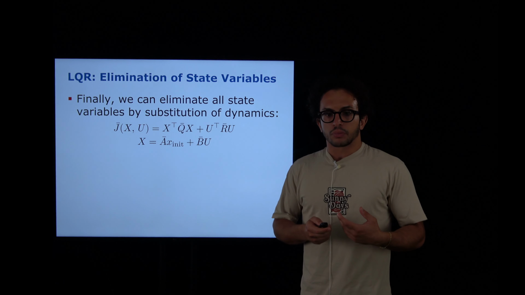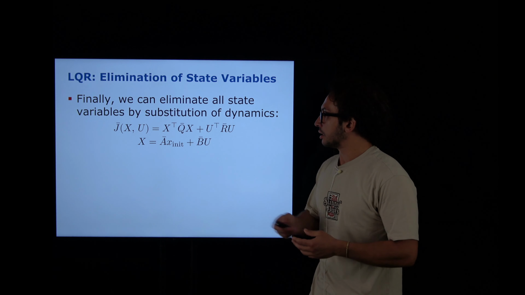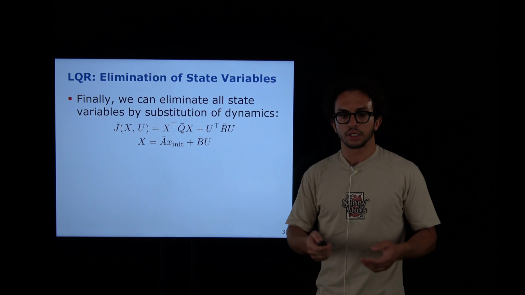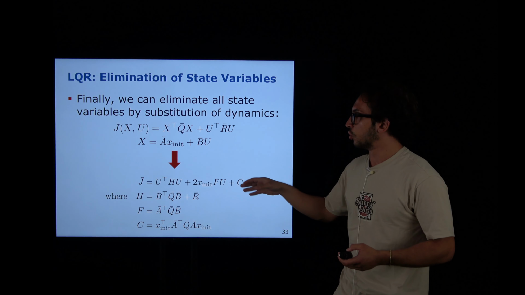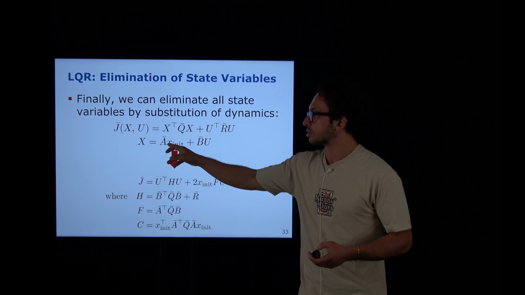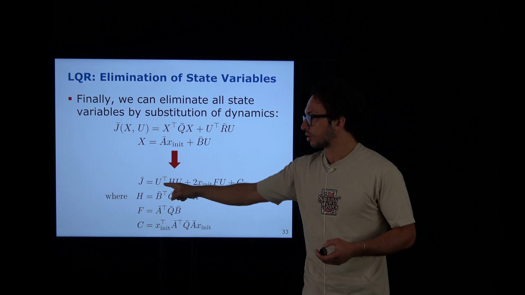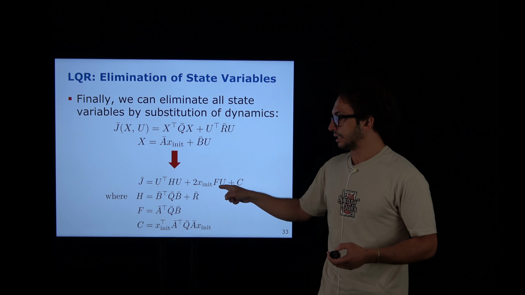Now, when we substitute everything, mainly we substitute this X inside here, you can do the computations. This is what we end up with. You realize there's no X anymore because we got rid of X with this formula. So everything is in terms of either the input or the state and the input.